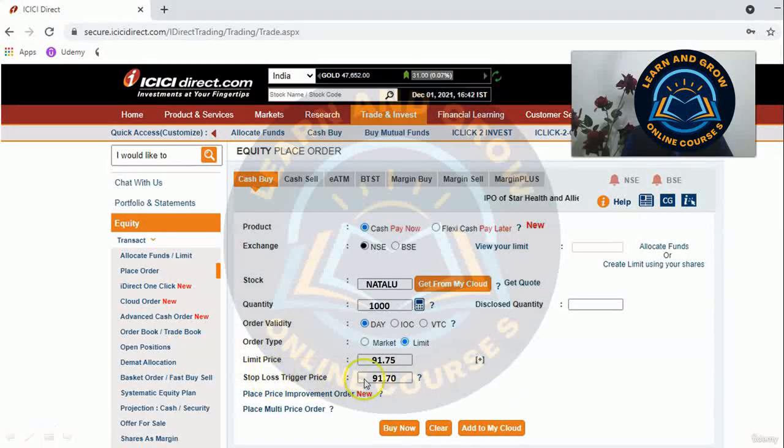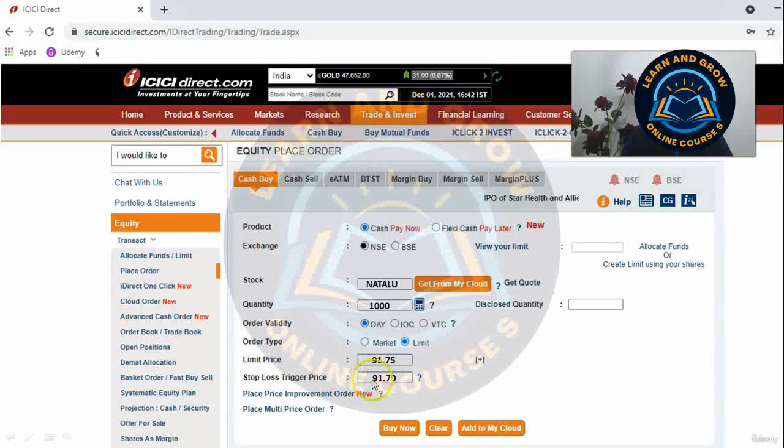And therefore I have placed a trigger over here. You have heard about the trigger of a pistol or a gun. The moment you press the trigger, the bullet goes out, isn't it? So this trigger price is something which will actually trigger my order.